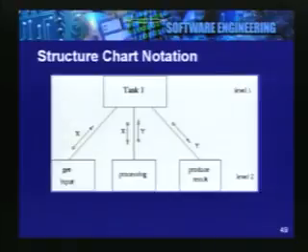So, it calls the get input module and receives from this module the data item X, which it may then pass to the processing module. As you see here, the X data item is traveling from task 1 to processing. The Y data item is being produced as a result from the processing, and it is being sent back to task 1. Task 1 then passes this Y to the produce result module.